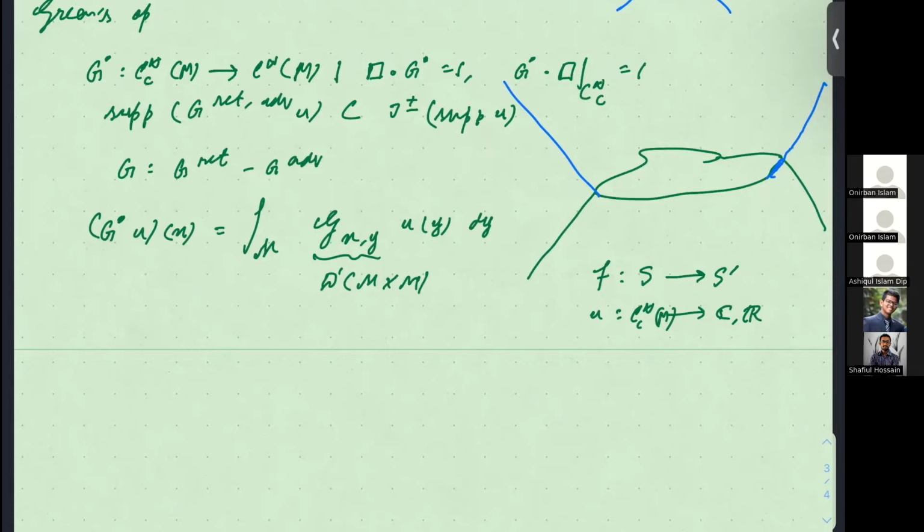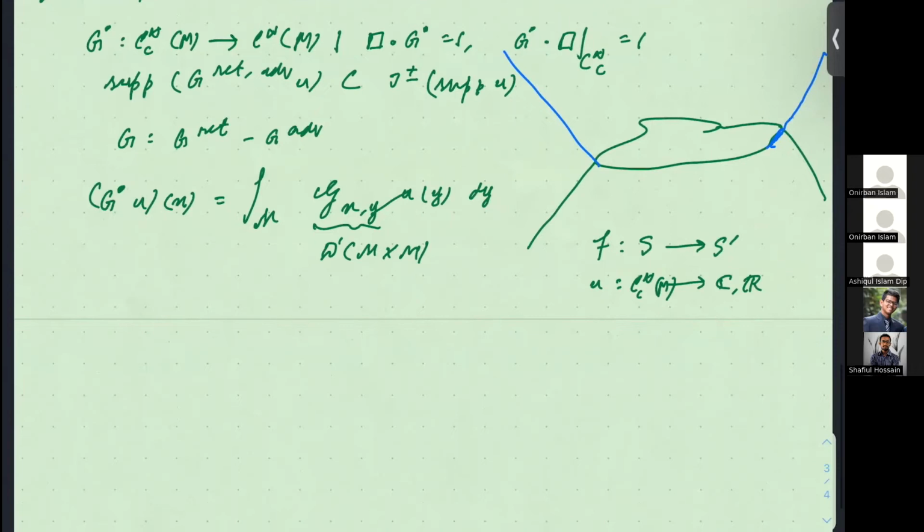So this is a bidistribution, which means it will eat two functions and give a number. In this form, it has eaten one function, u, and then gives just another function. You see, it maps function to function. So the main point is that this integral kernel exists for Green's operator.